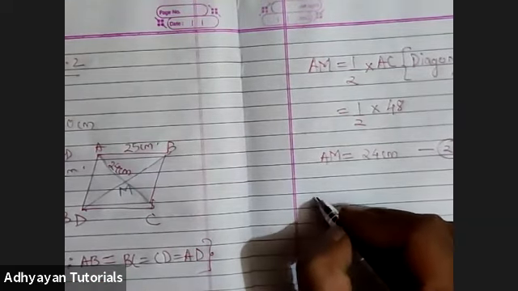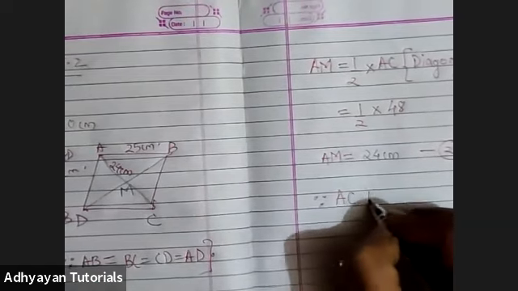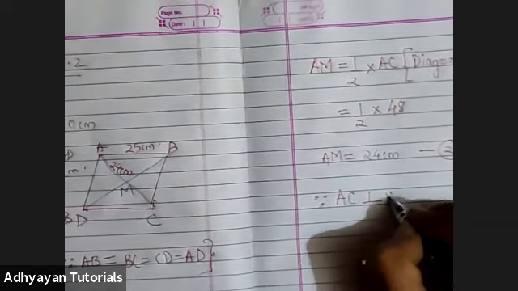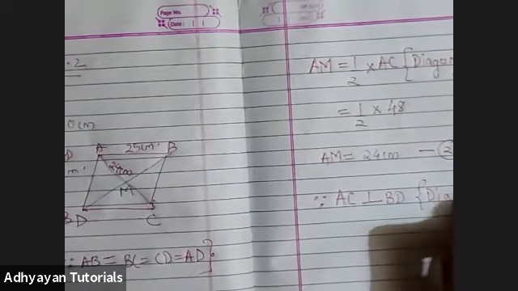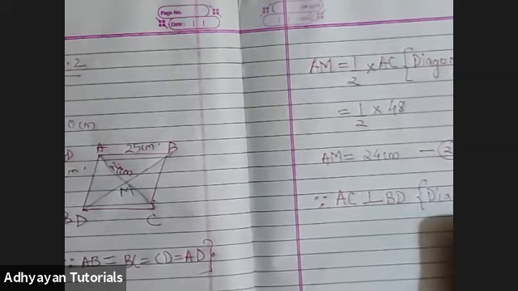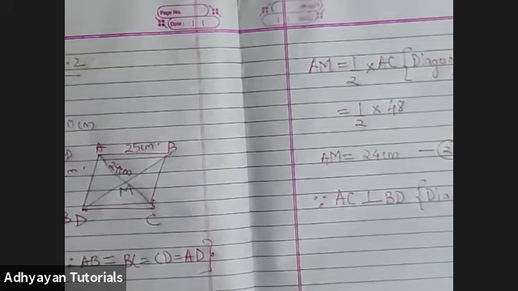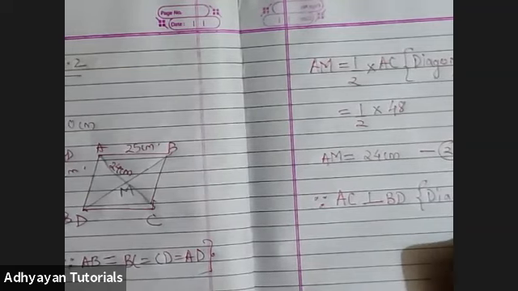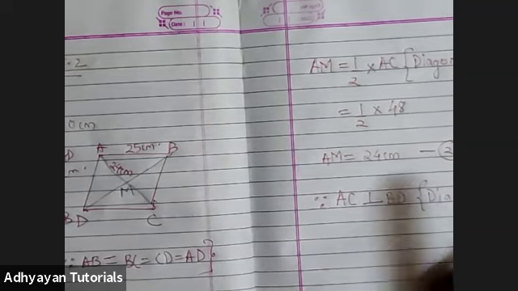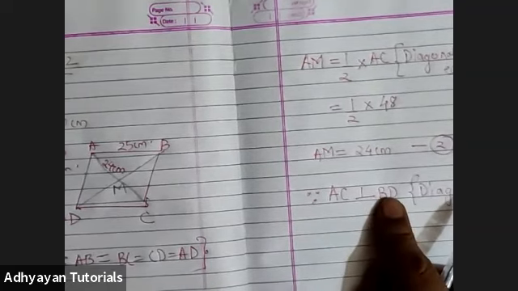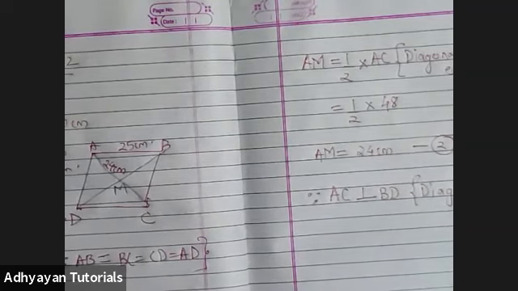So that means I state, since AC is perpendicular to BD, the reason being diagonals are perpendicular to each other, right? Since AC is perpendicular to BD, diagonals are perpendicular to each other.